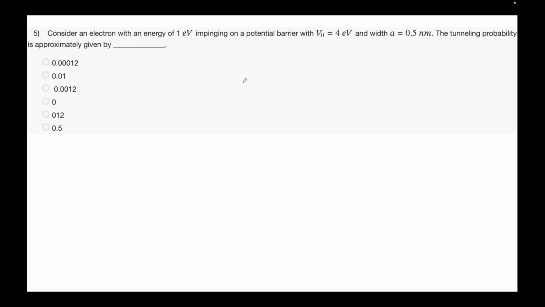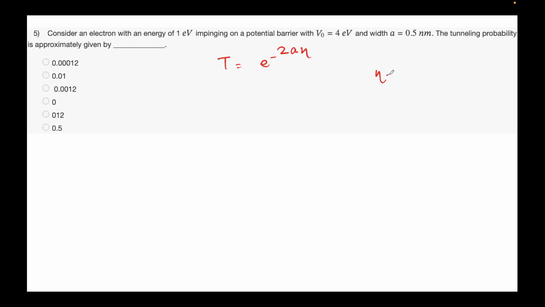And mathematically, the tunneling probability can be expressed as e to the power minus 2 eta a, and I'm forgetting this term here, there's some constant eta here.